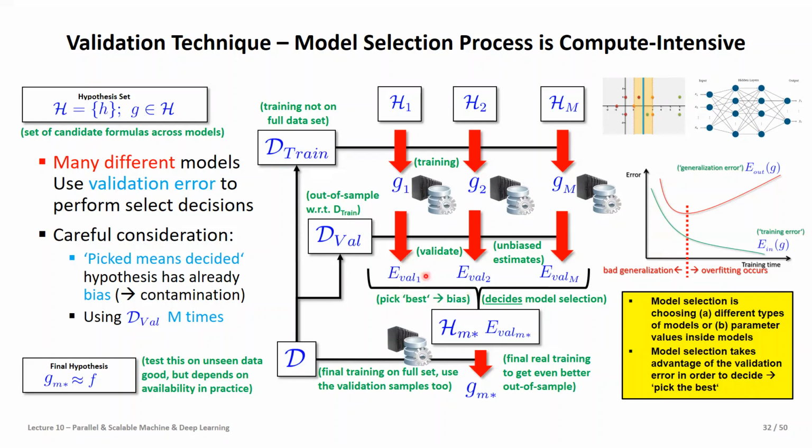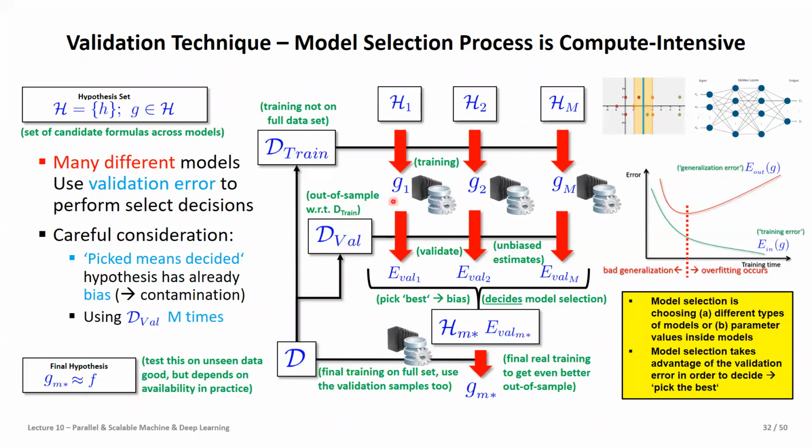You picked this parameter set from this particular hypothesis. And this validation data set, which is out of sample of the training, can not anymore really be used. So you have to throw that away because it has a kind of bias in it. So every time you do a model decision, essentially you contaminate a bit the data set.